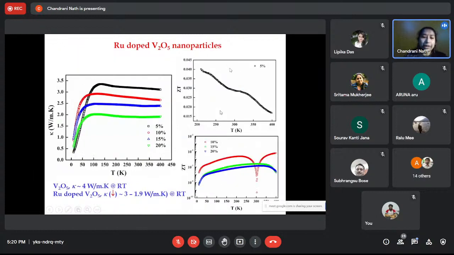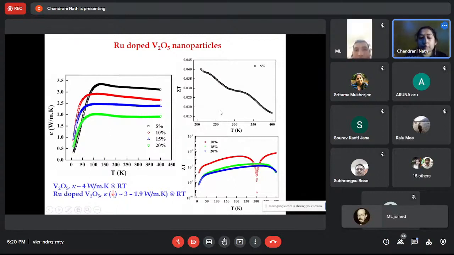So here again we are showing the thermal conductivity value. It's very interesting to note that for ruthenium doped V2O5, we could successfully reduce its thermal conductivity to 1.9 watt per meter Kelvin at room temperature. And we have got a ZT value close to 10 to the minus 2, close to room temperature.